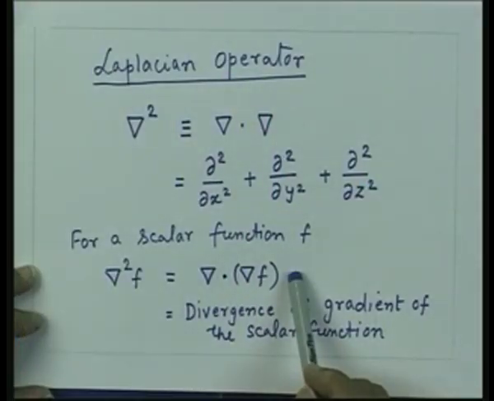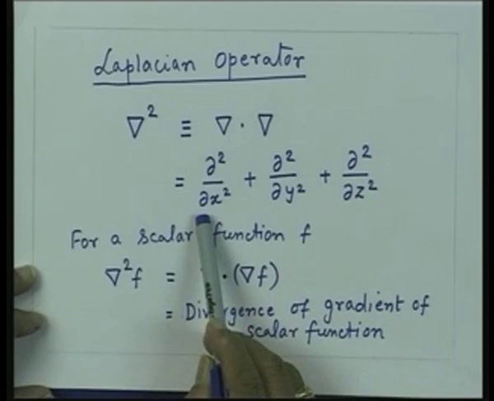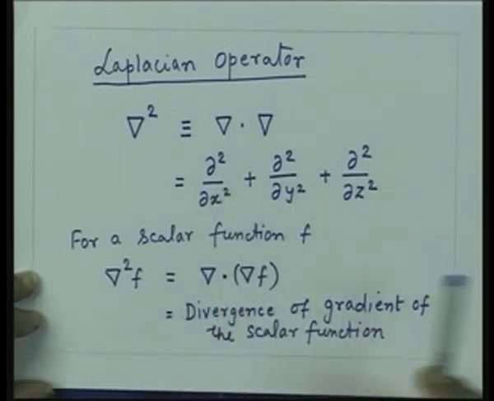When the del operates on a vector quantity, it can operate either as a divergence or as a curl. So, in this case, we take the del square operator and operate it directly on the vector quantity.